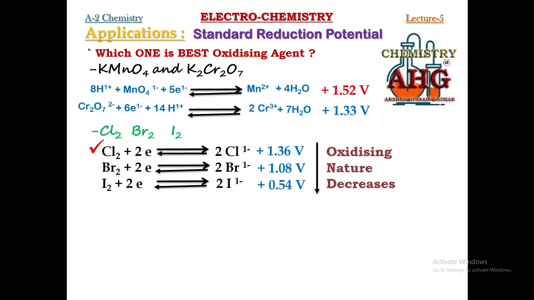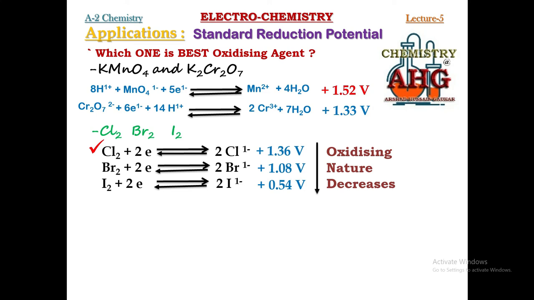Why does oxidizing nature decrease? Since standard reduction potential becomes less positive. Since from chlorine, bromine to iodine, the numerical value of standard reduction potential is decreasing, that is why oxidizing nature decreases. So this is how you are supposed to answer in your exams for oxidizing and reducing agents.